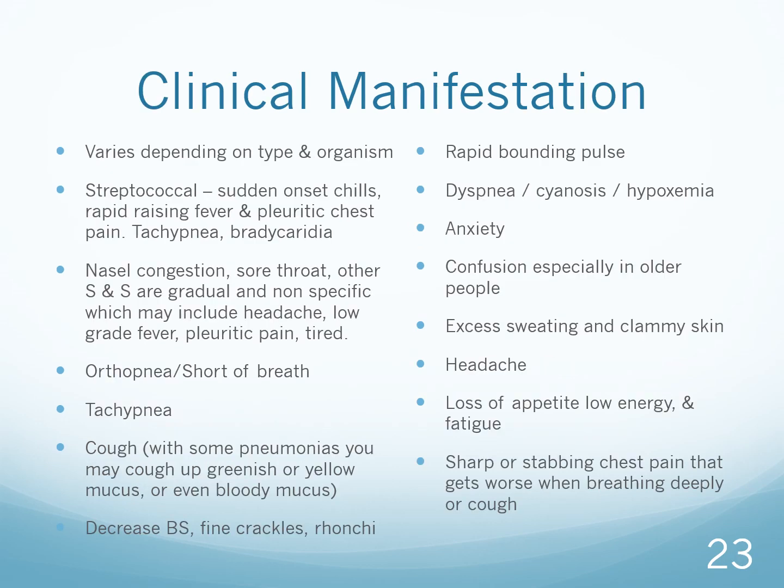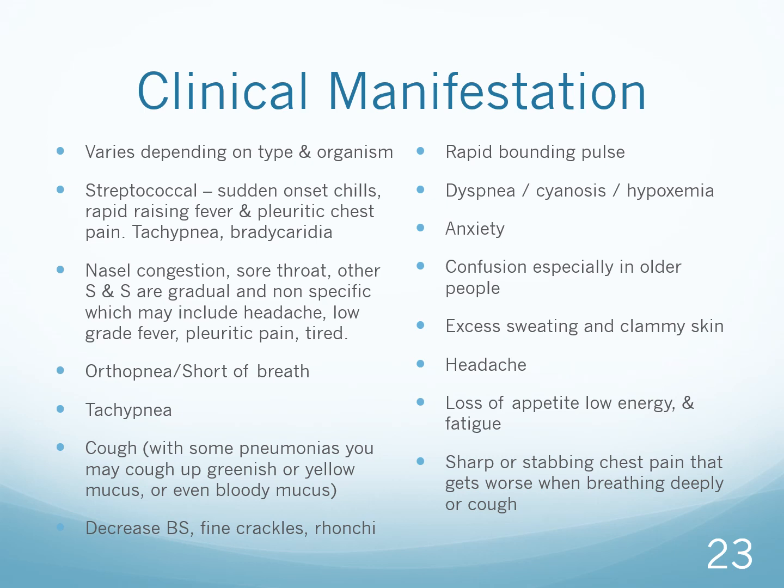Clinical manifestations of pneumonia could, of course, vary with different types of organisms. Sudden onset of chills, rapidly rising fever, pleuritic chest pain, tachypnea and tachycardia. Nasal congestion, sore throat. Signs and symptoms may be gradual and nonspecific, which may include headache, low-grade fever, pleuritic pain, and just fatigue. How about orthopnea, tachypnea, cough? You may cough up greenish-yellow mucus, and sometimes it's a dry, hacking cough.